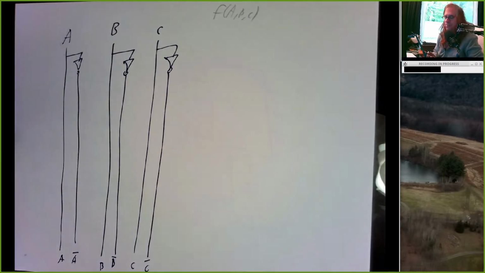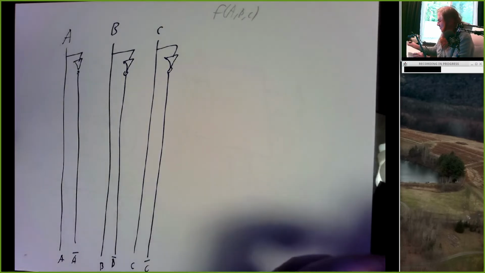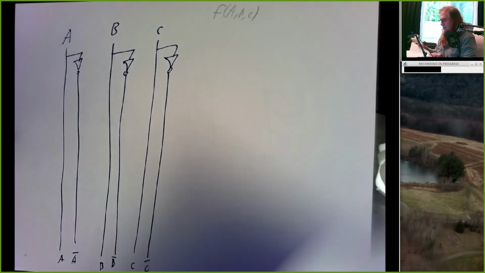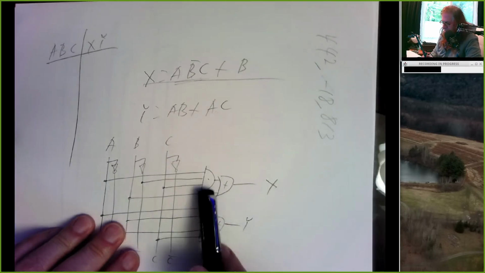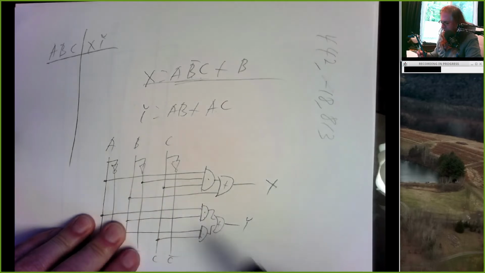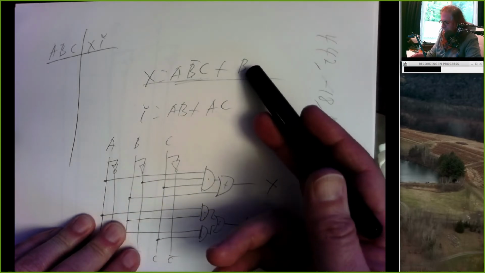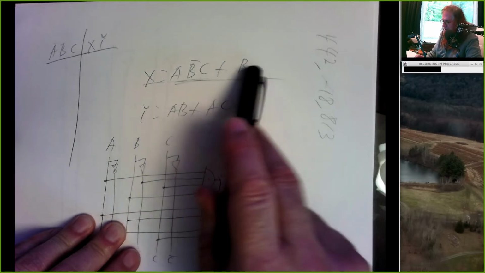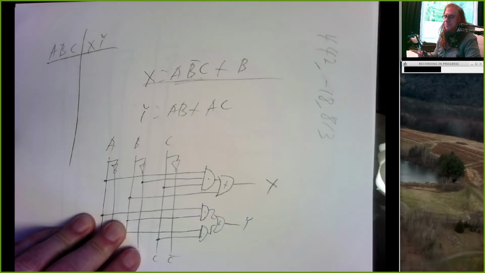And you know where I'm going with this, right? So if we wanted to implement some particular function, like A, B bar, C, we would put an AND gate and connect up to A, B bar, C. And if we wanted to do B, we would feed B over here, and if we wanted to OR those, we'd feed them into an OR gate.